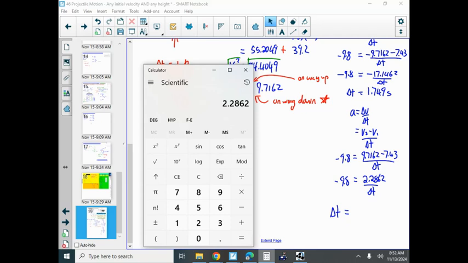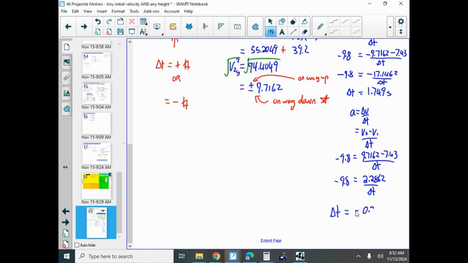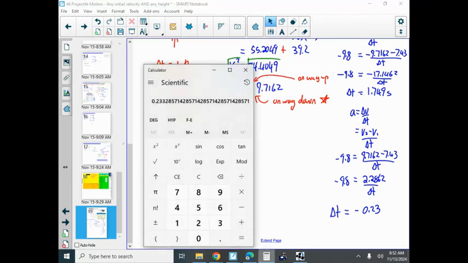If you really want to use a plus minus, you can, the negative 9.8. I'm not sure how to use the plus minus button, because I wouldn't normally use it. But we get a negative answer, of course, right? We get negative 0.233 seconds. So if you really want to see it that way, you'd have to use the negative button properly.